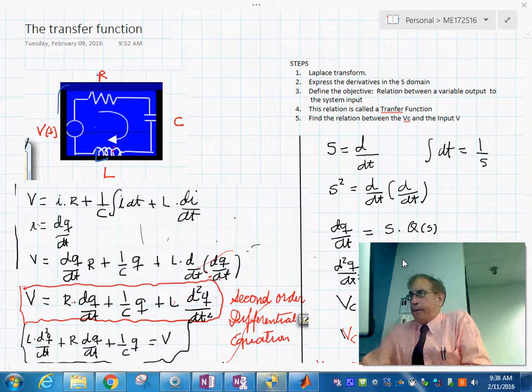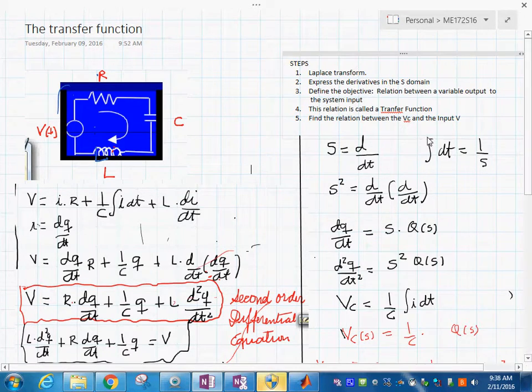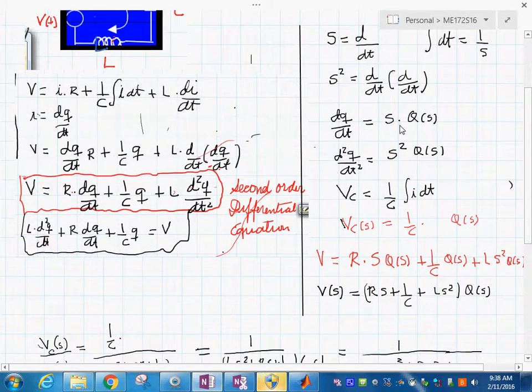In the Laplace transform, for differentiation the operator is s, d/dt of any function, and for integration it is 1 over s. If you have double differentiation, the operator is s squared, and so dq/dt is s times Q(s), and d squared q/dt squared is s squared times Q(s).